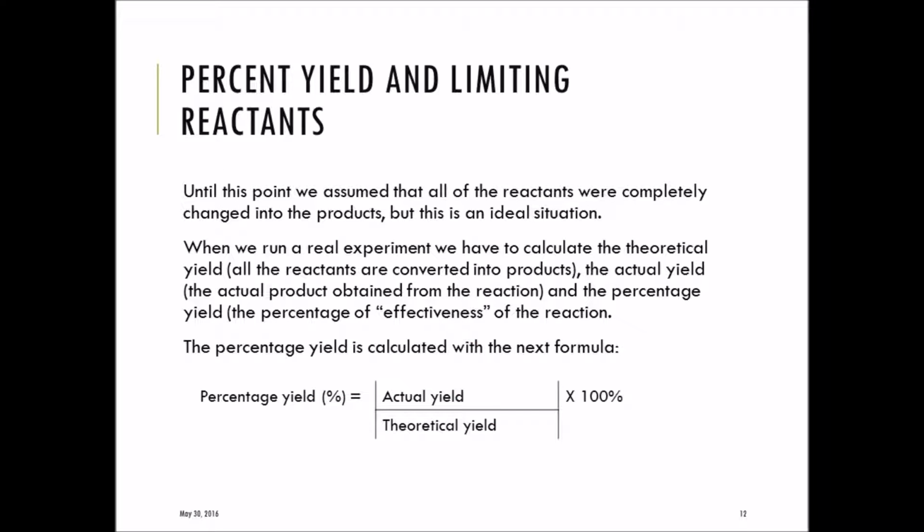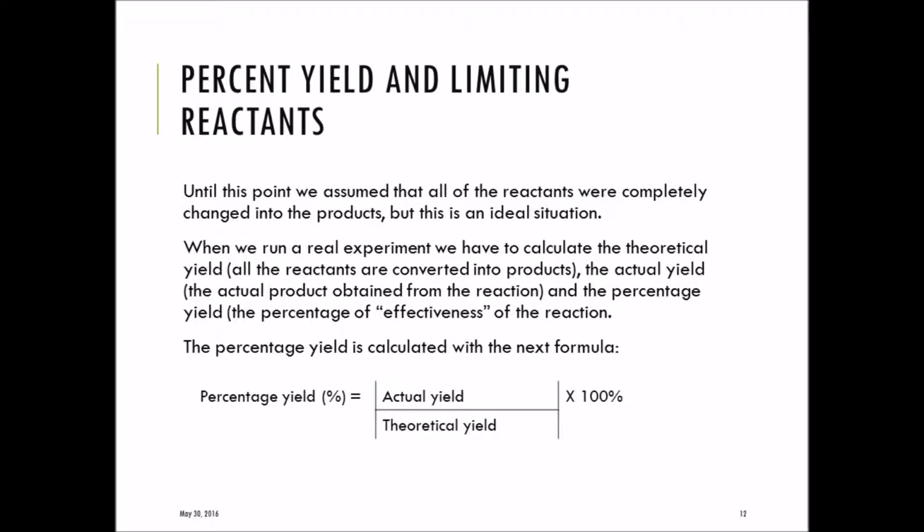Percent yield and limiting reactants. Until this point we have assumed that all of the reactants were completely changed into product. This is an ideal situation. We were assuming that 100% of the reactants were converted into products. In reality, this doesn't happen.